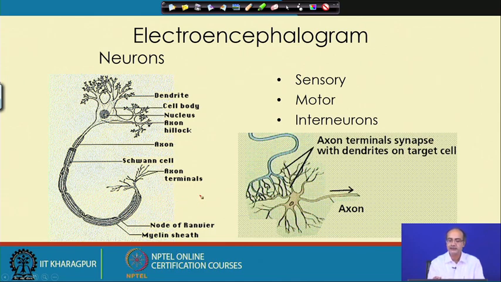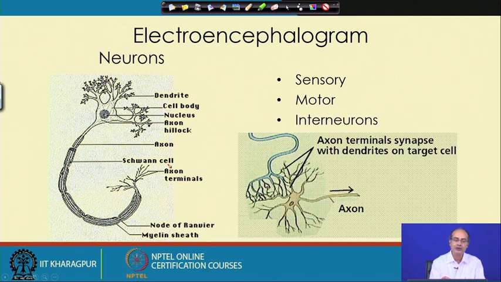The first class is the sensory neuron. Sensory neurons have their dendrites connected to our sense organs. So, for example, through the skin we get the sensation of touch.